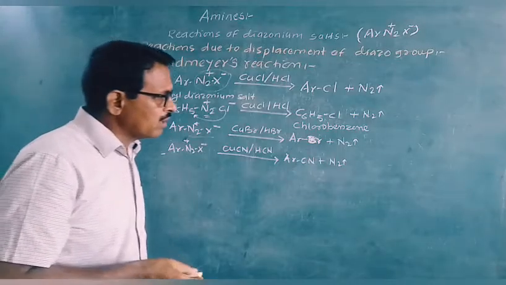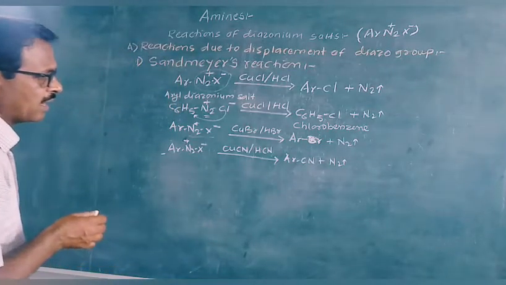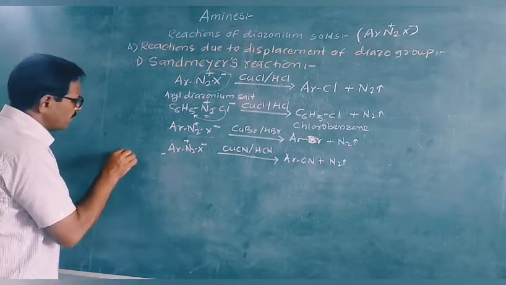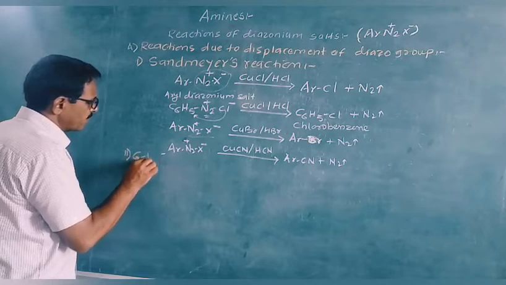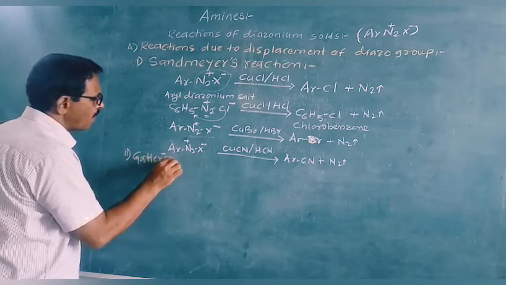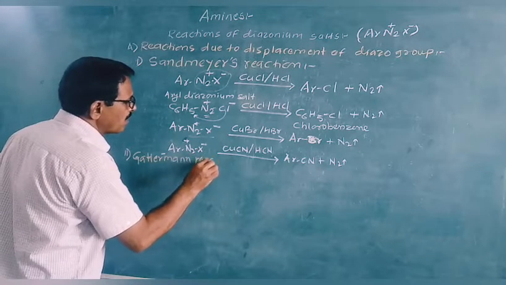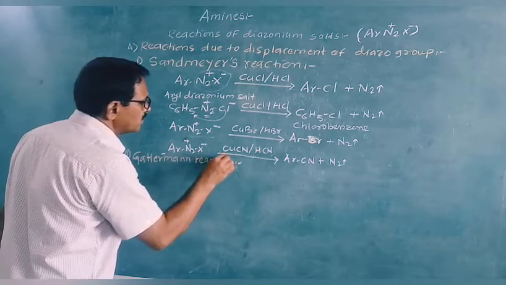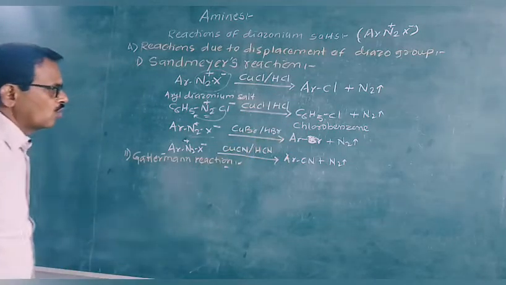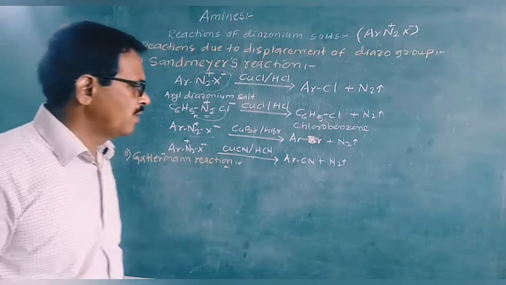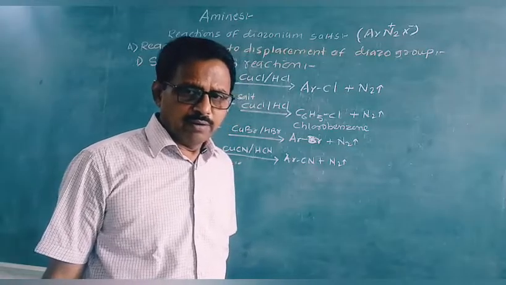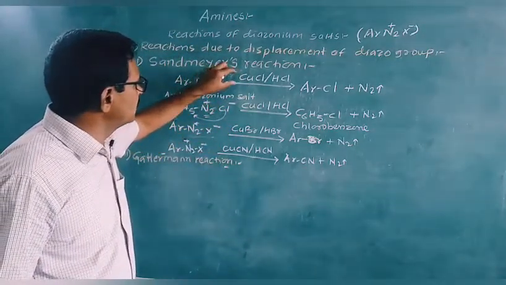Then the Gattermann reaction, the second type. In this Gattermann reaction the same product is obtained: chlorobenzene, bromobenzene, and iodobenzene. But you have to replace the reagent.